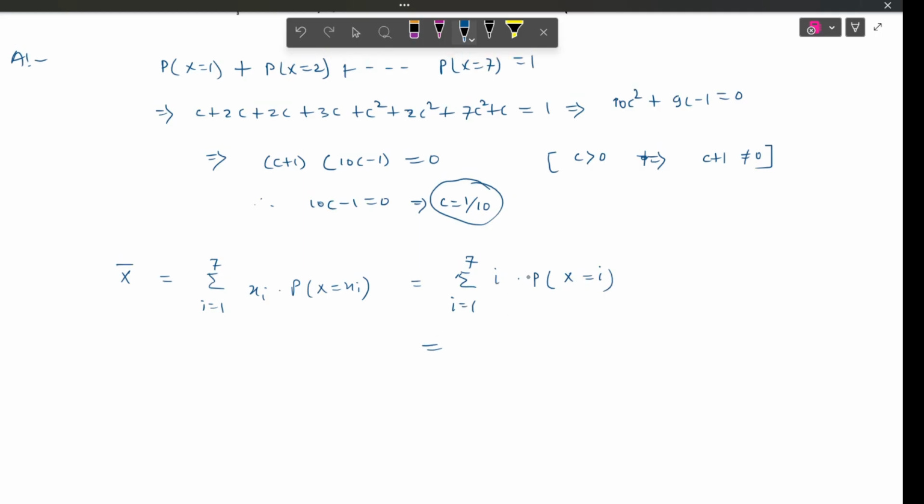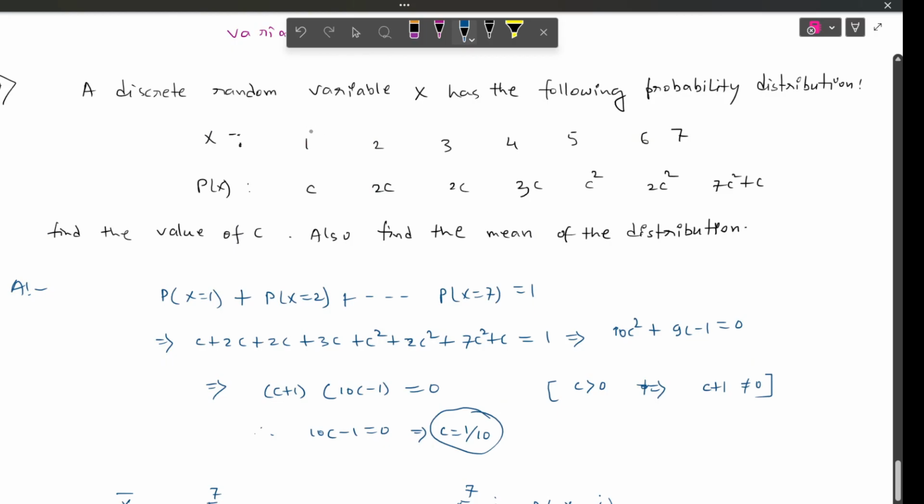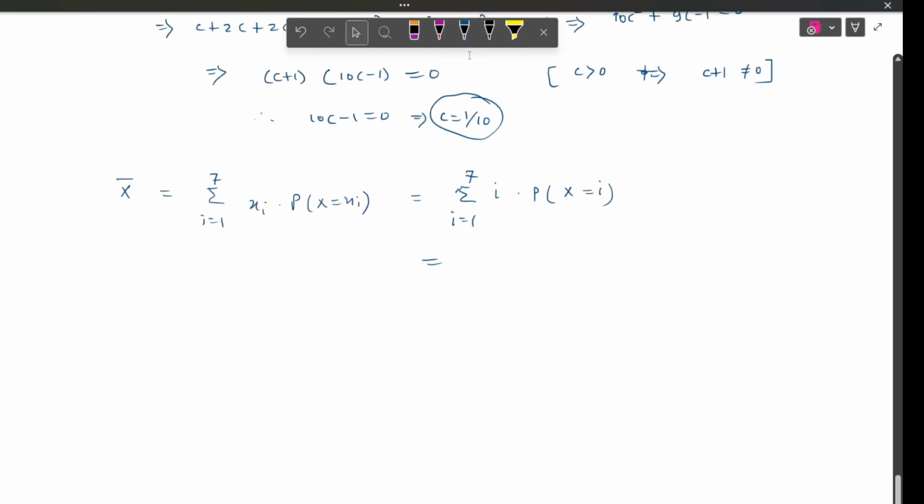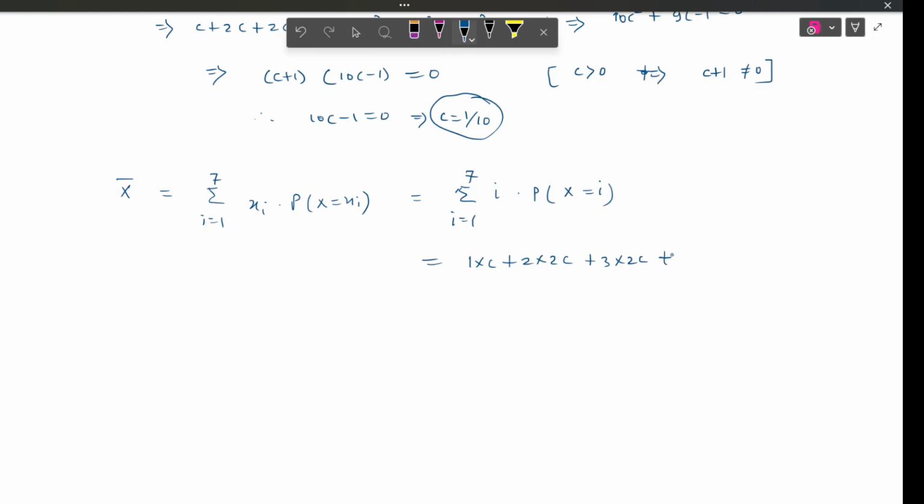So x1 is 1 and probability of 1 is C. That's how we have to find out. So it would be 1 into C, 2 into 2C, 3 into 2C, 4 into 3C, 5 into C square, 6 into 2C square, 7 into 7C square plus C. C is 1 by 10.